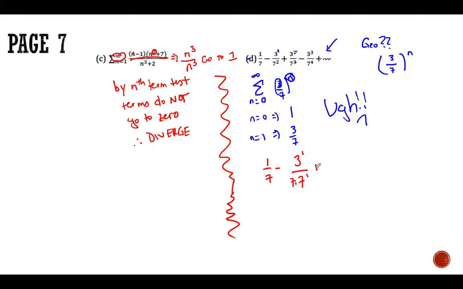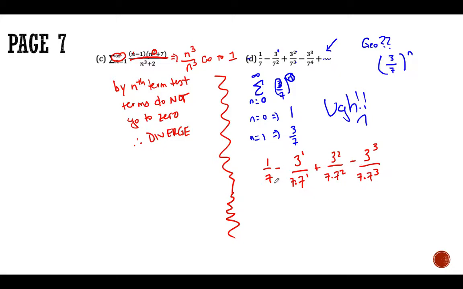Right, the next one is 3 squared. I really would like it to be over 7 squared, but it actually is over 7 cubed, so it has an extra 7. Oh, wait a second. I'm starting to feel a little bit better. I really want this to be 7 cubed, but there's an extra 7.